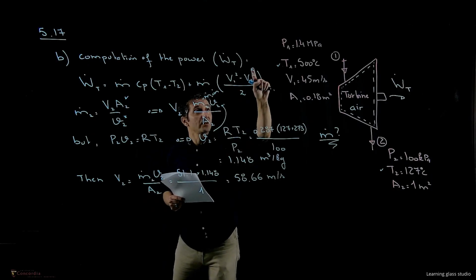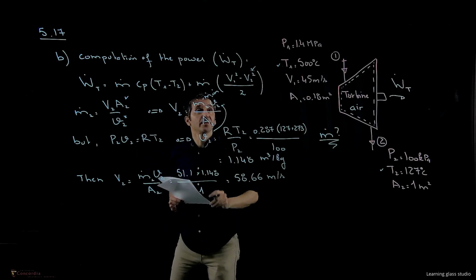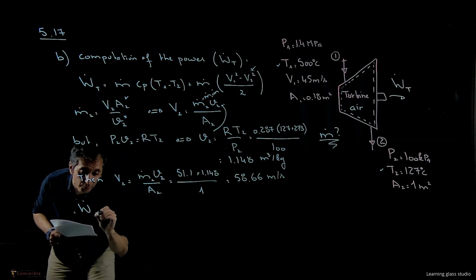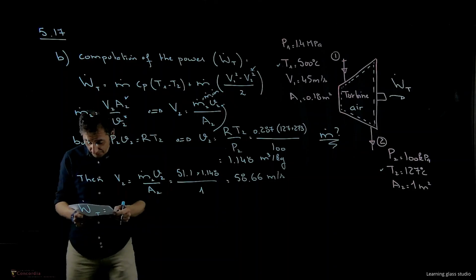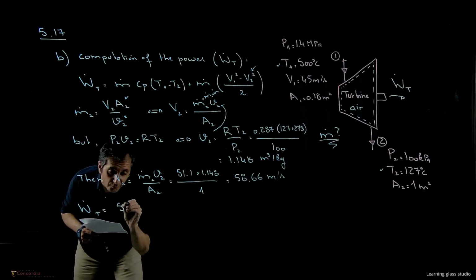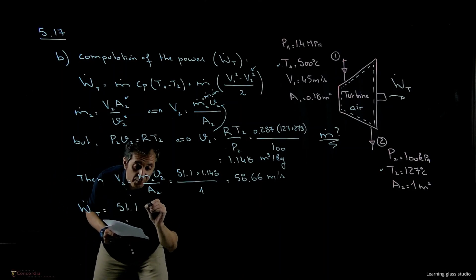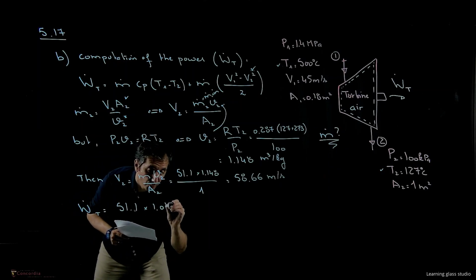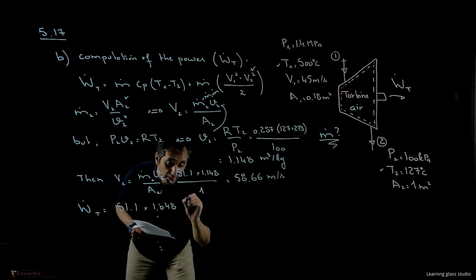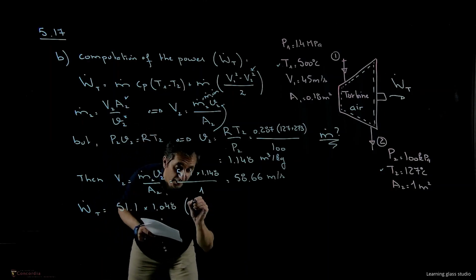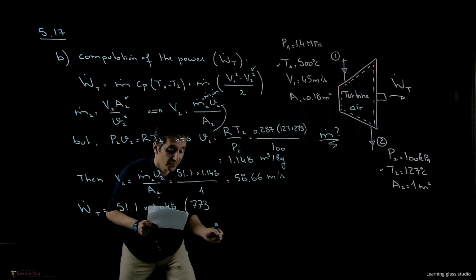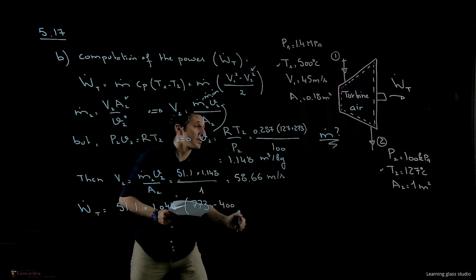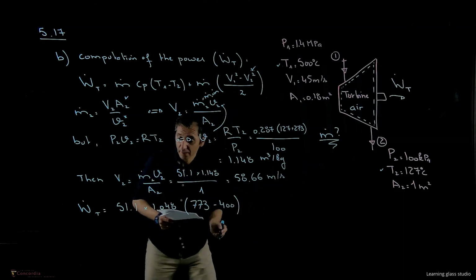Now we have this one, so this one will become checked. We have all the ingredients now, so we can calculate the power of the turbine, which is equal to our mass flow rate, 51.1, times our Cp value, 1.048, times the difference in temperature in Kelvin, 773, this is our 500 degrees C, minus 400, this is our 127. This is the first term.